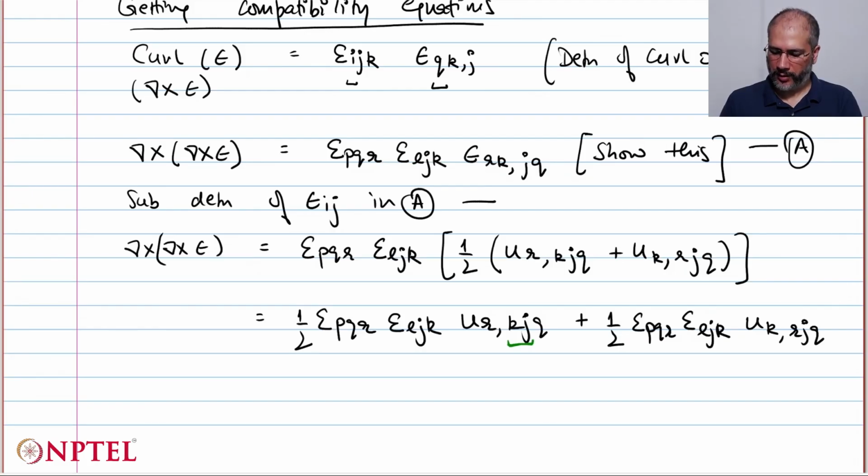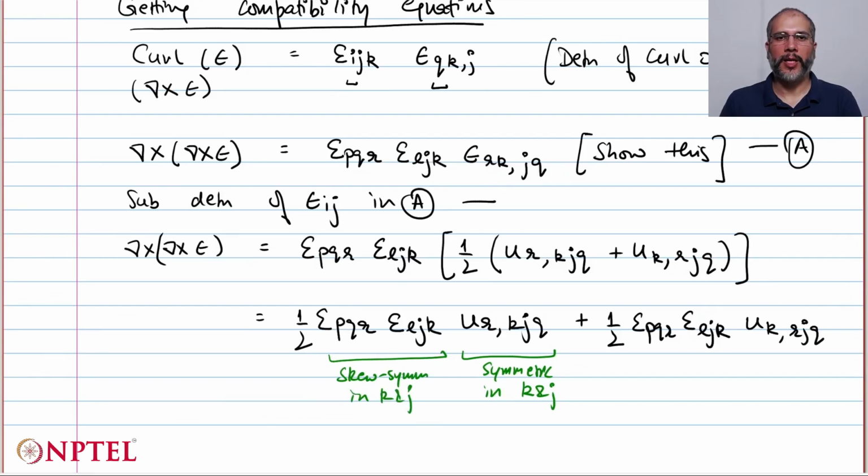So this means that this quantity is symmetric in the indices k and j. And now let's look at this epsilon. From here you can see that this is skew symmetric. So this whole quantity is skew symmetric in k and j. And we have shown in the past that if you have a product of a symmetric and a skew symmetric tensor, then that is a 0. So this turns out to be 0.